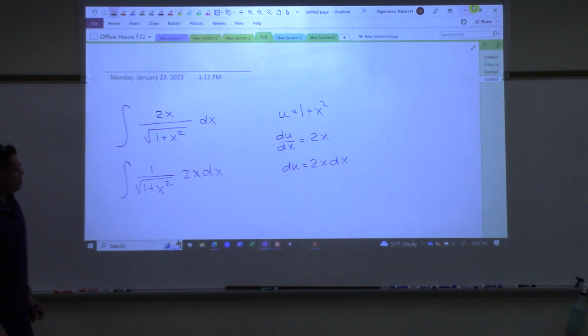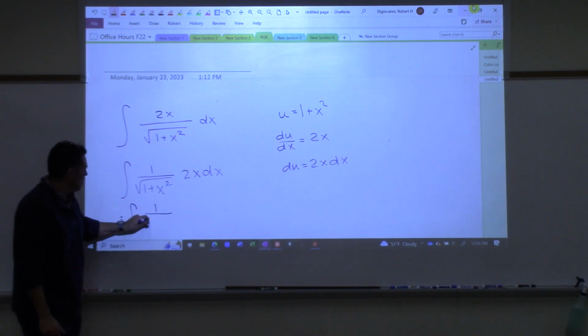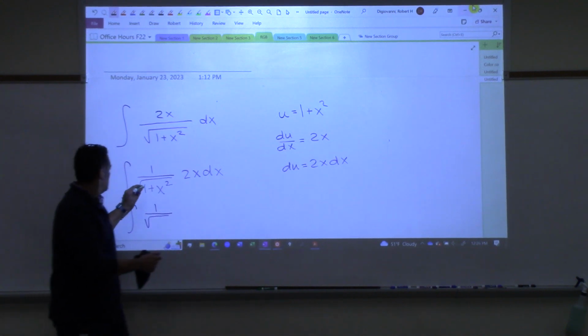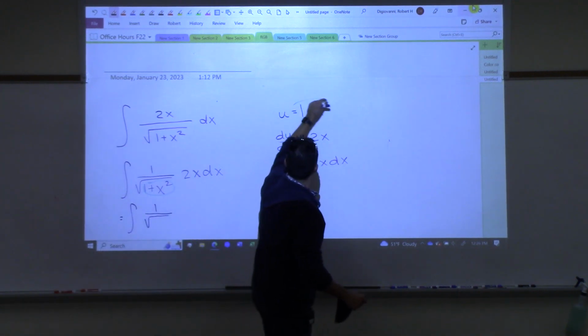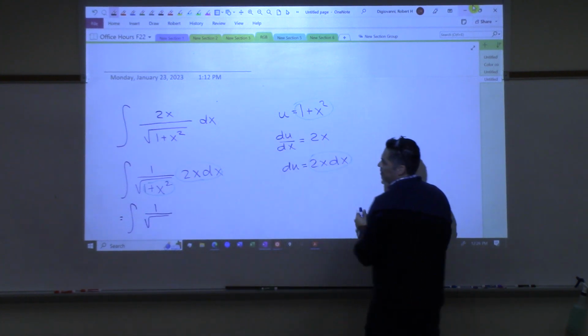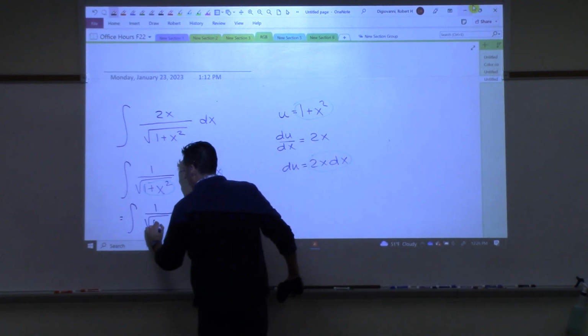All right, can I rewrite? Yes. Okay, so this becomes integral 1 over square root of this right here. Do I need to do all this? I know a lot of you said you've done this already. There, that's that. And then this right here is going to be this right there, right? So 1 over square root of u, and then the rest of it is du.